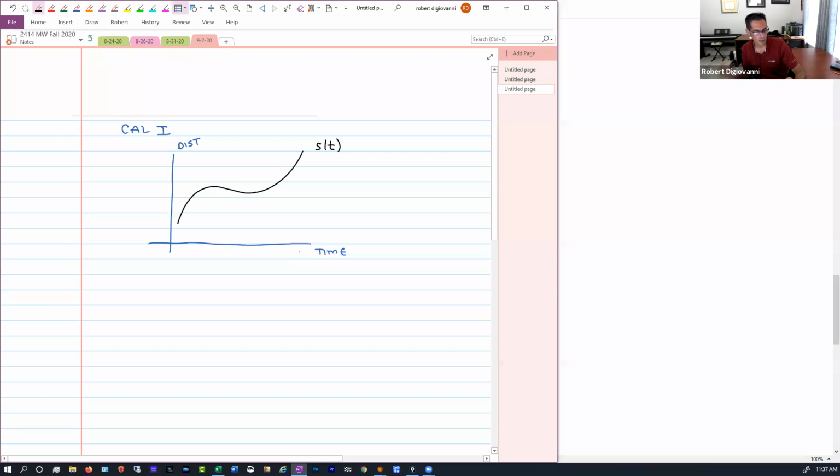So the x variable is actually t. We're using t instead of x. And then the position is s of t.